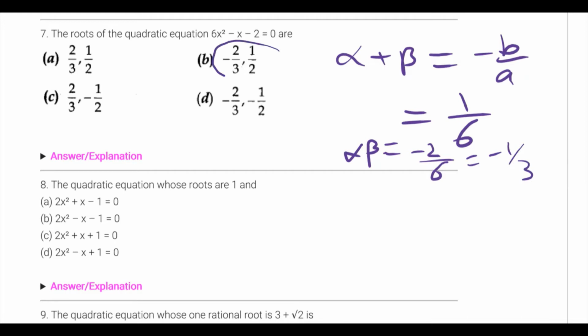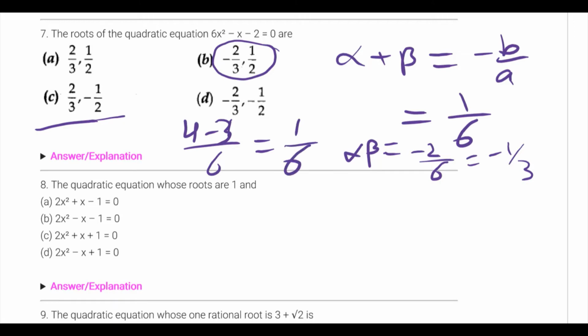This gives the product as -1/3, and the sum of the roots is not satisfying. Here the sum of the roots equals 4 - 1/6, yes, it's 4 - 3/6 = 1/6. So option C is satisfying the given two conditions.